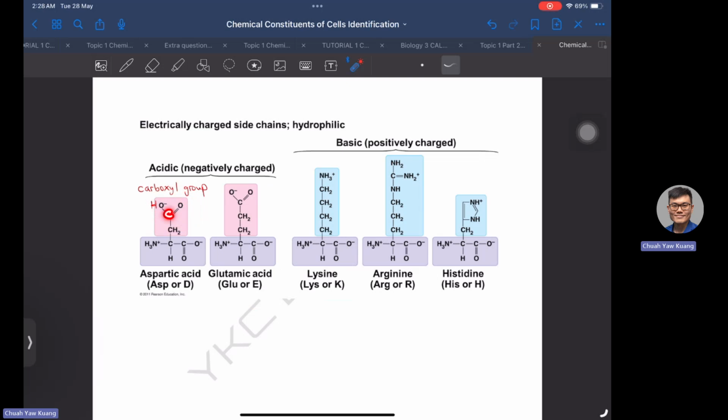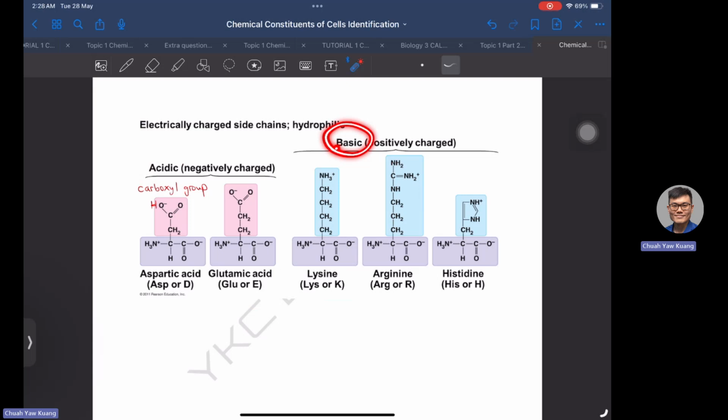It can be C double bond O, OH, the carboxyl group, or the ionized form, which is C double bond O, O negative, COO negative. So whenever you see this type of functional group in the side chain, it is the acidic side chain.